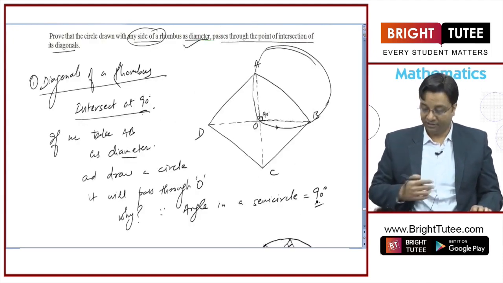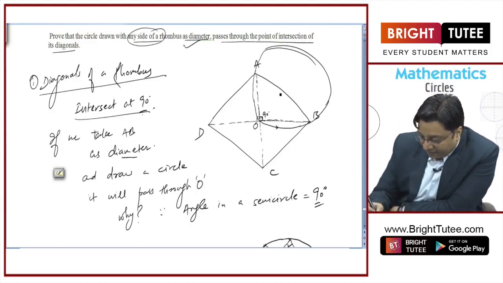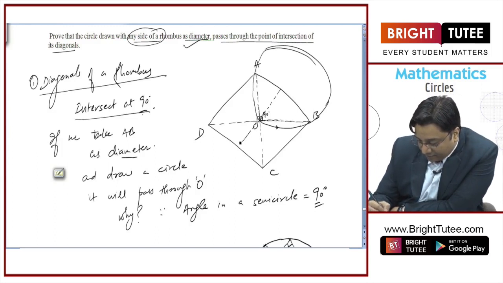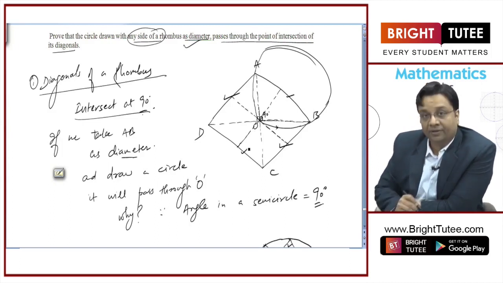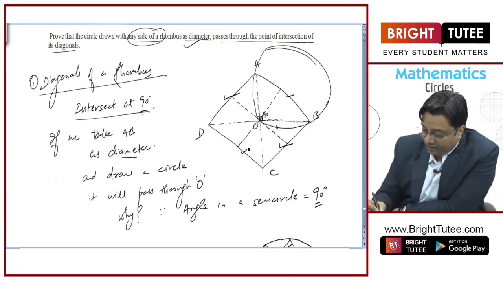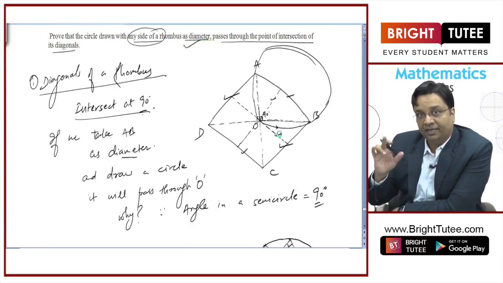Another way of showing it is, see, if I draw these lines, this line is parallel to these lines, right? And another line which is parallel to these lines. Rhombus is also a parallelogram. So I have drawn two lines, this one and this one, which are parallel to the pair of parallel lines.